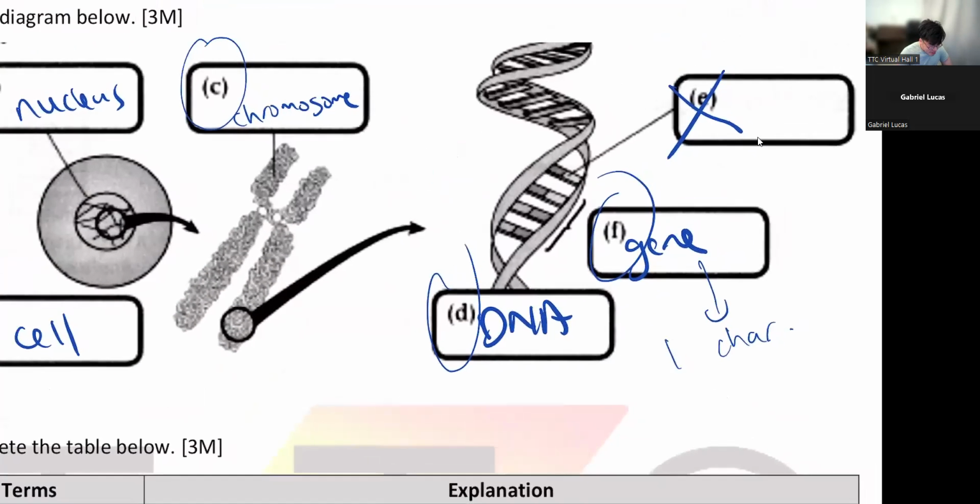And then one more question. How many chromosomes do you have? This is a no-brainer question, isn't it? How many chromosomes does each of us have as humans? Please don't tell me you forgot.